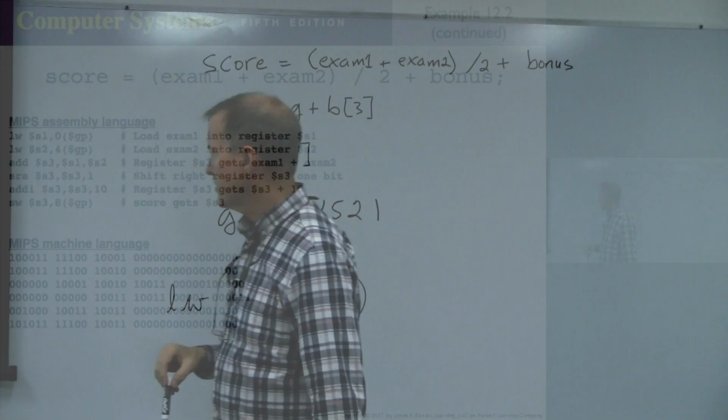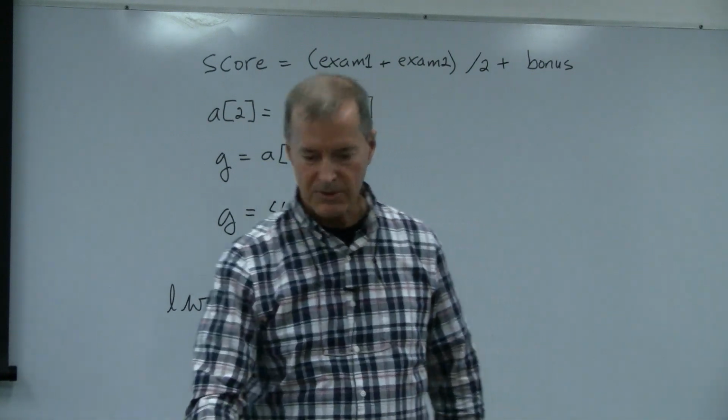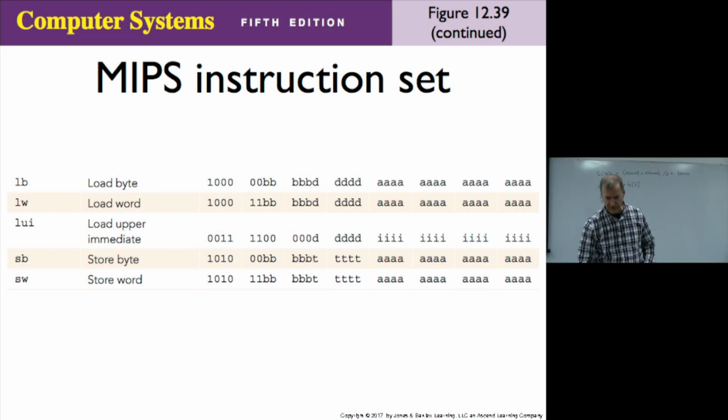Okay, so first of all, you look up the opcode for LW. What table is that? Here it is, figure 12.39. So what does it say for LW? 10011.